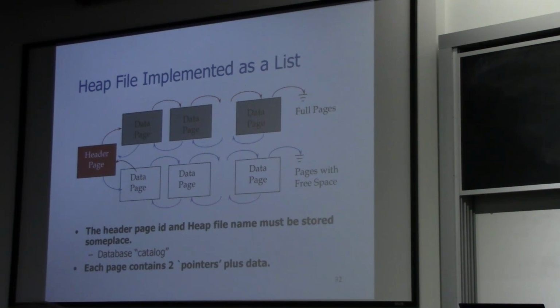The header page ID value, meaning imagine a pointer to this page, is stored somewhere called the metadata for your database. Every single database must have a metadata table, and that metadata table stores things like the page ID value of the header page of your heap file.